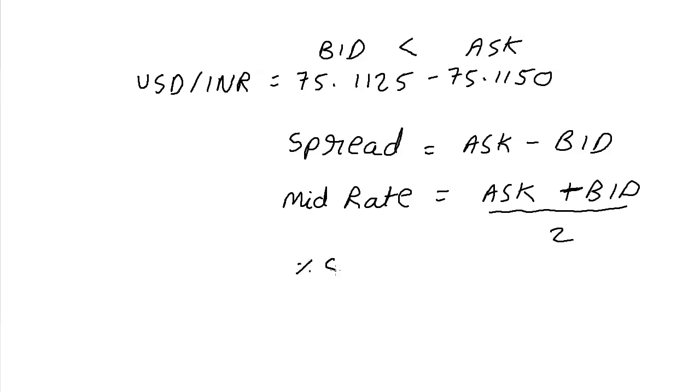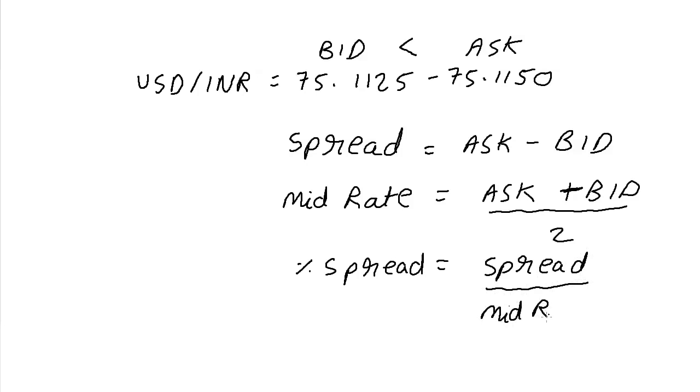So the percentage spread is equal to spread upon mid rate into 100. And of course, we can expand that formula by saying that spread is actually equal to ask minus bid.